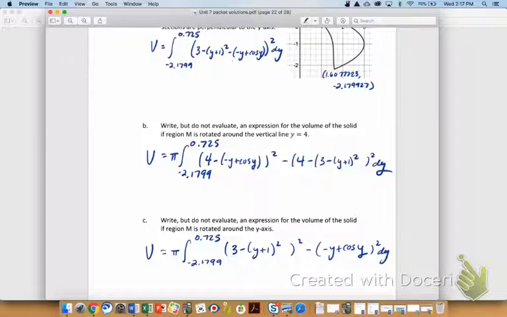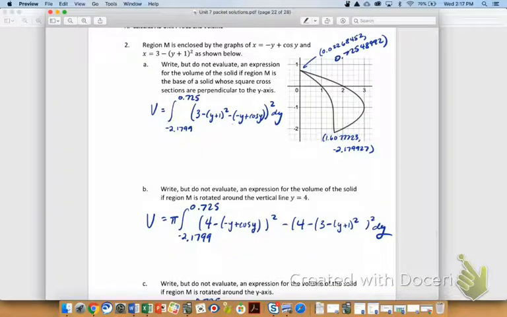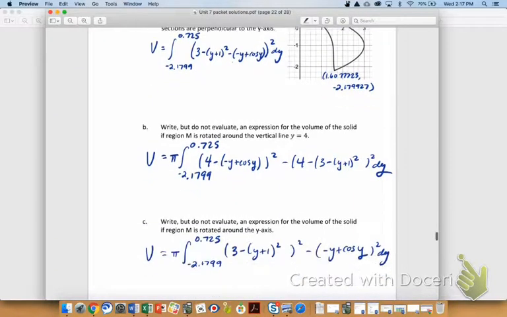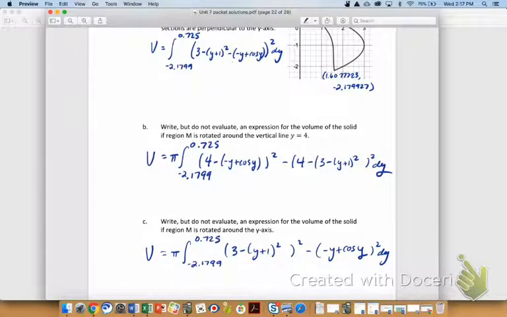Now we're just trying for the bounds. I put 0.728, so that's fine. You can check it out if you want. This quiz is tomorrow.